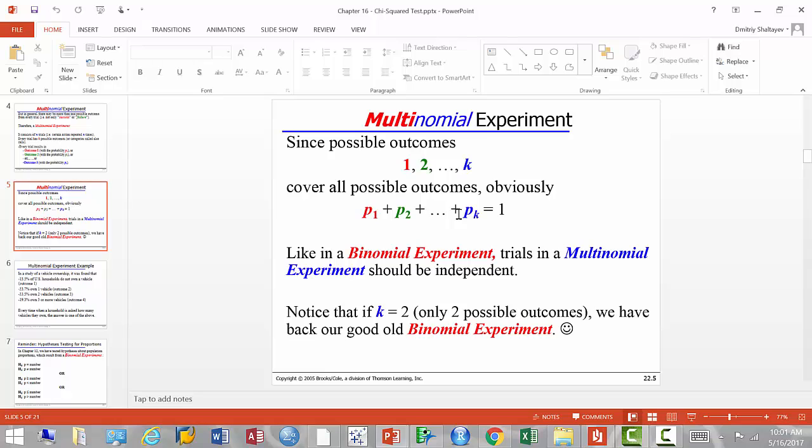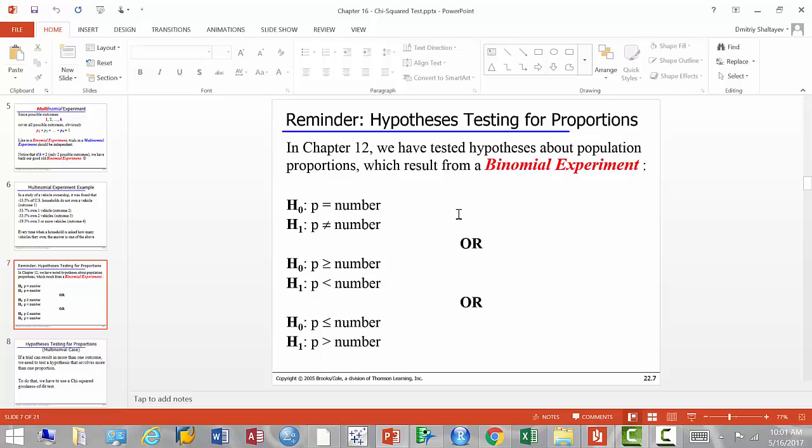Now note that if k is equal to 2, if you have only 2 possibilities, you're back to our good old friend, binomial, right? Success and failure, only 2 possibilities. So a multinomial experiment is a general case of binomial, or alternatively, binomial is a special case of multinomial, right?